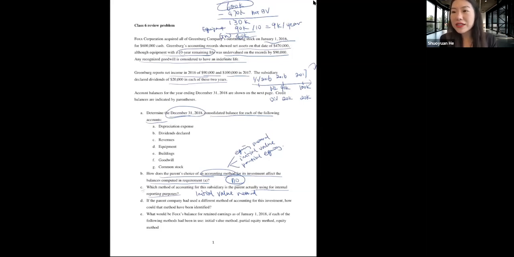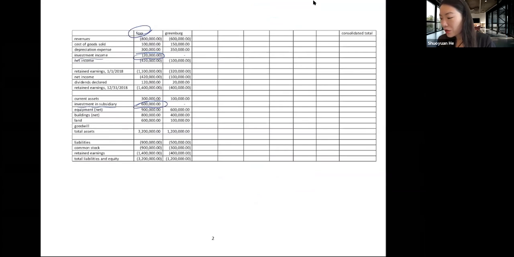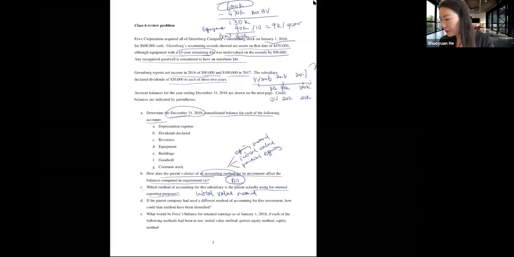It is not affected by dividend. It is not affected by the income of the subsidiary. It is not affected by amortization. It is always the initial investment, which is 600,000. So those are the 2 places that tell us that the parent is using the initial value method.